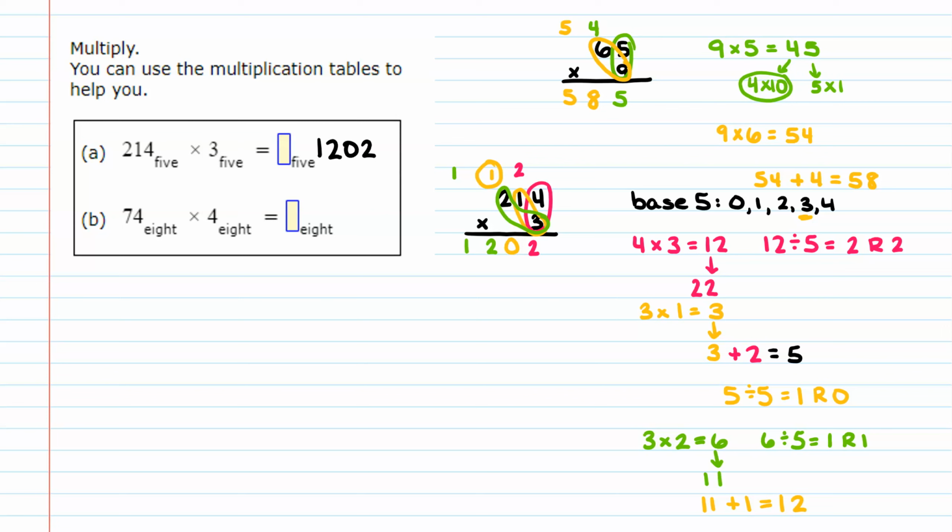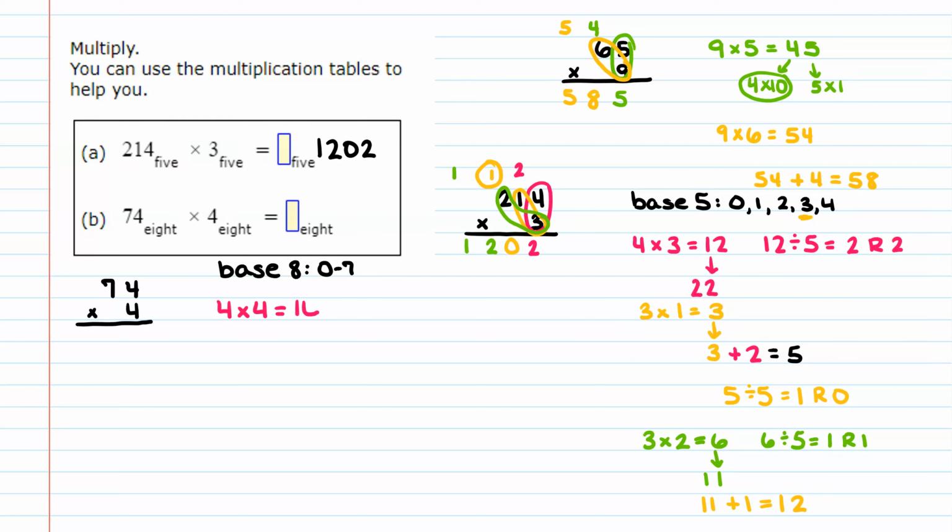Let's try it again. This time we're going to be in base 8. So 74 times 4, and we're in base 8, which means we can only have the digits 0 to 7. Okay, so let's do 4 times 4.